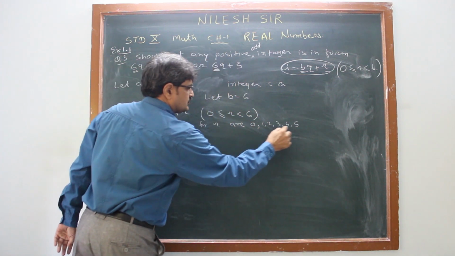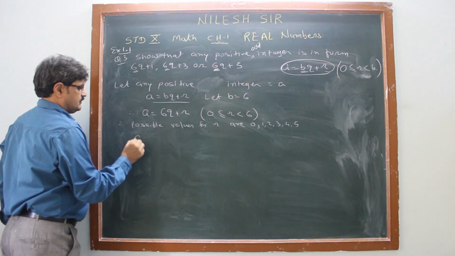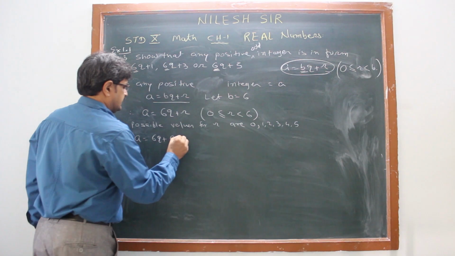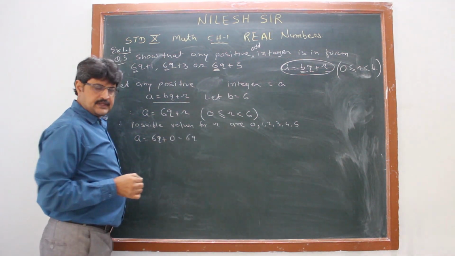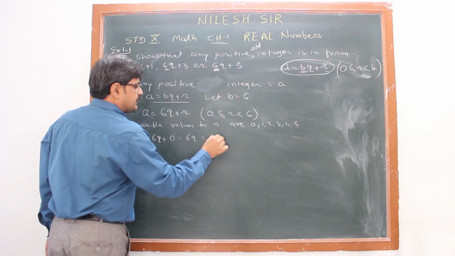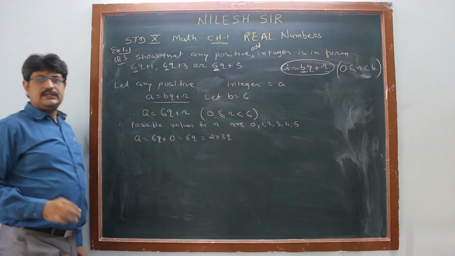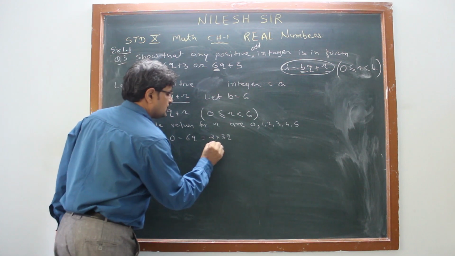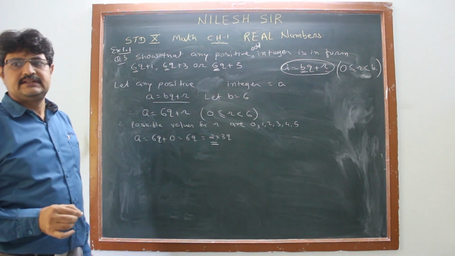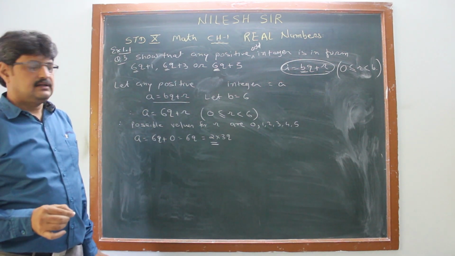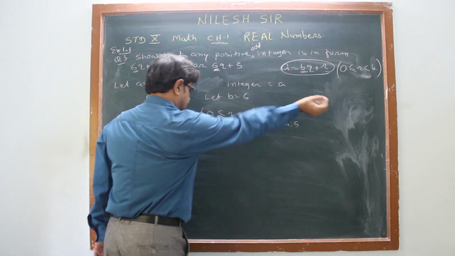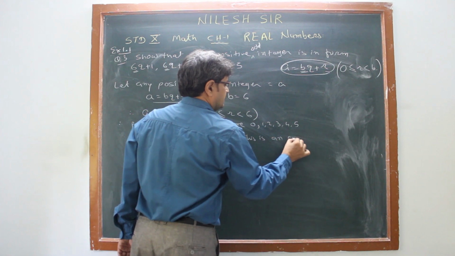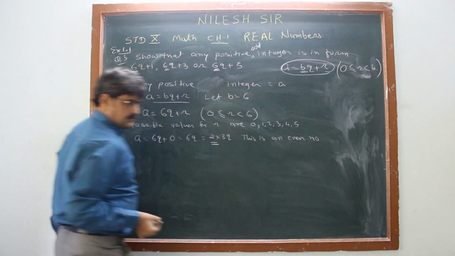Now I will substitute this here. I will have a is equal to 6q plus 0, that is equal to 6q. 6q can be written as 2 into 3q. And as we know, if any number has a factor 2, it must be considered an even number. So this is an even number.